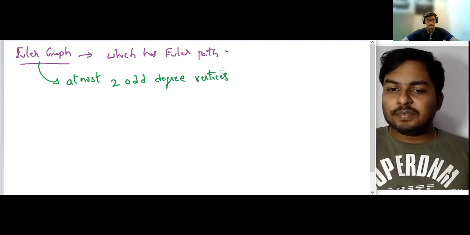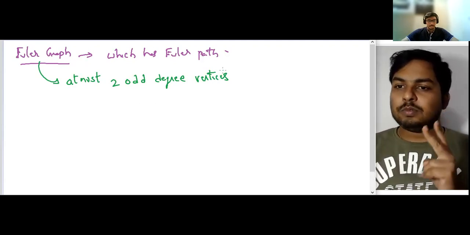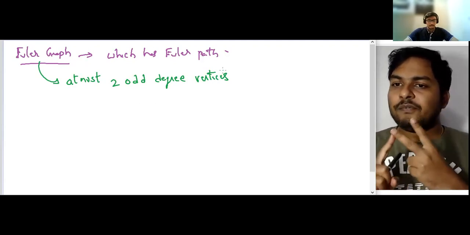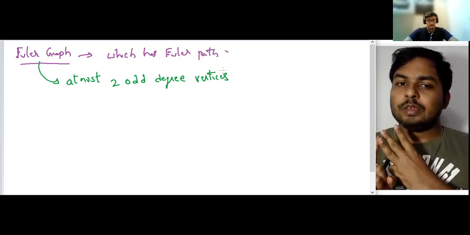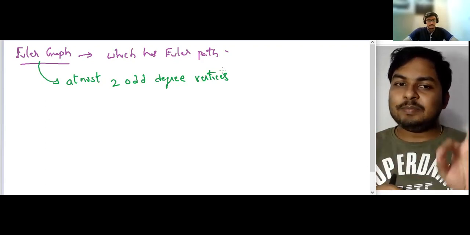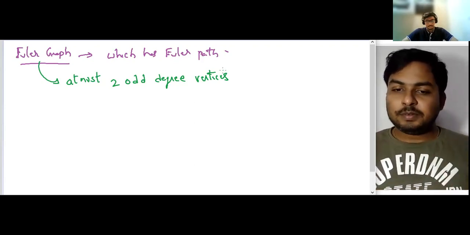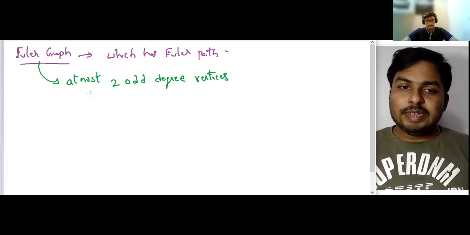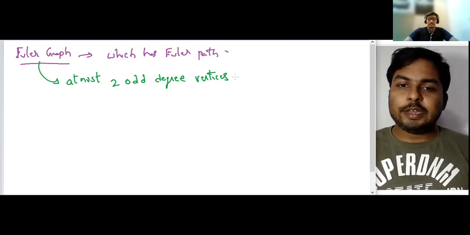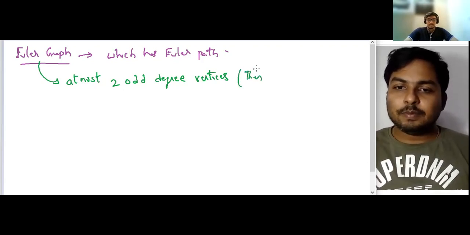So if you see that there are either 0 or 1 or 2 odd degree vertices, that means that is a Euler graph. If a graph has at most 2 odd degree vertices, then Euler path exists for that graph.